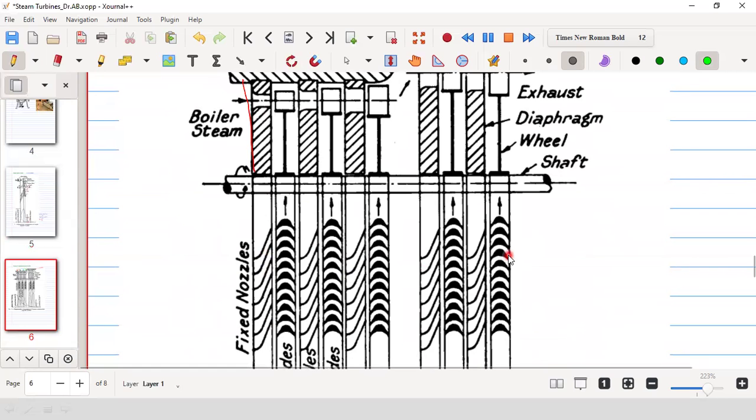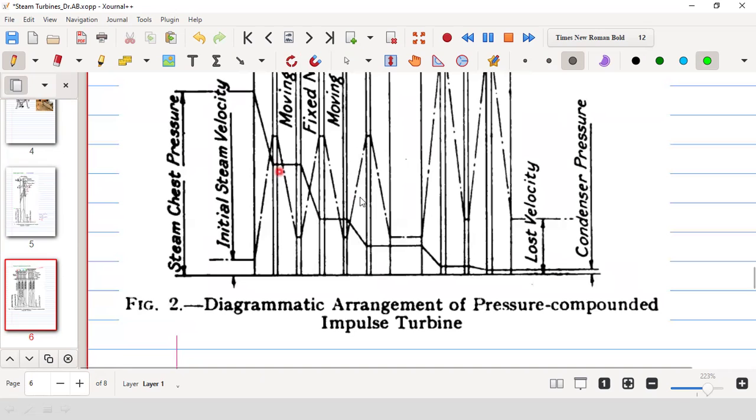So the pressure reduction now takes place in a number of stages, but velocity is changing due to the expansion and due to the conversion of kinetic energy from the steam to the blade. That is the impulse principle. That is not velocity compounding. That velocity change is not compounding. Only follow the pressure.